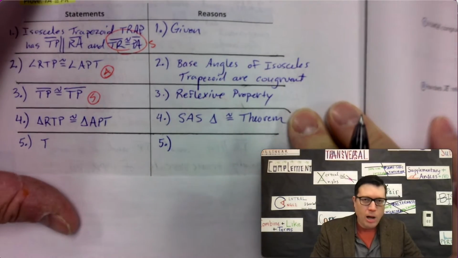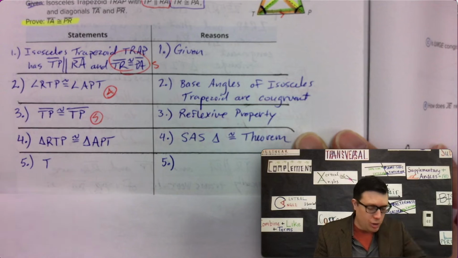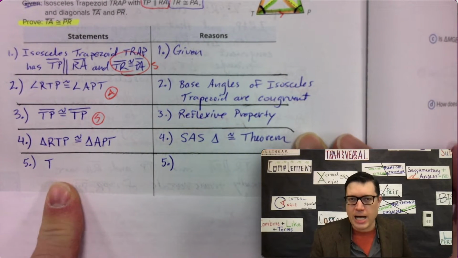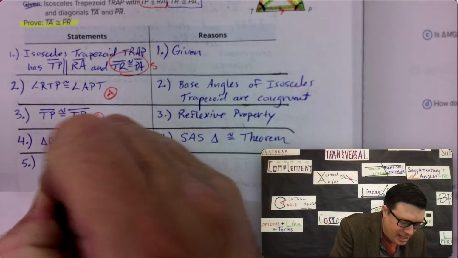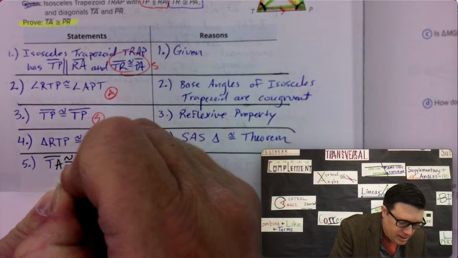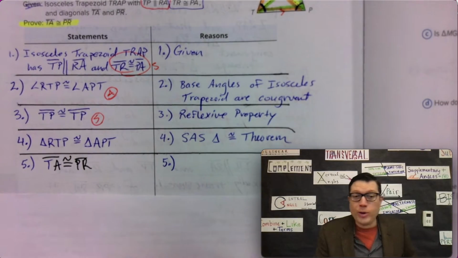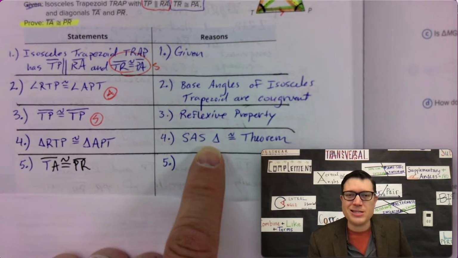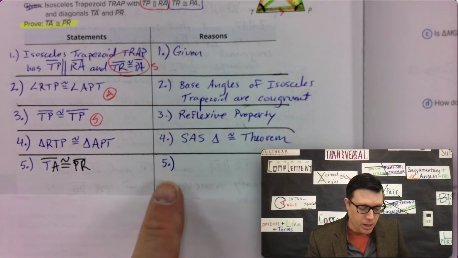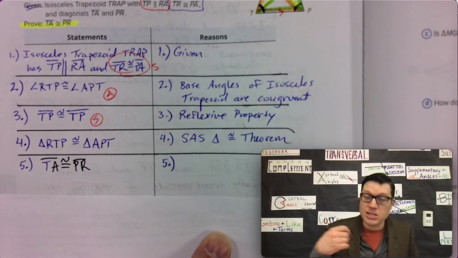Let's draw that in. I wanted to leave this one as a part that I write in with you right now. The prove is what we put on the very last line. So TA is congruent, that's a segment, to PR. And the reason for that, if you have reason number 4 is triangle congruence, then reason number 5 must follow that.